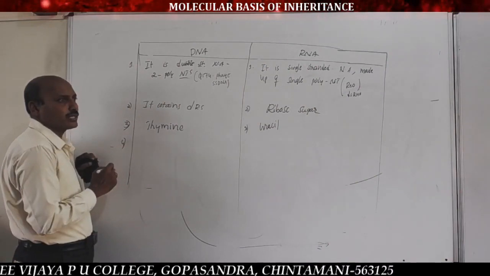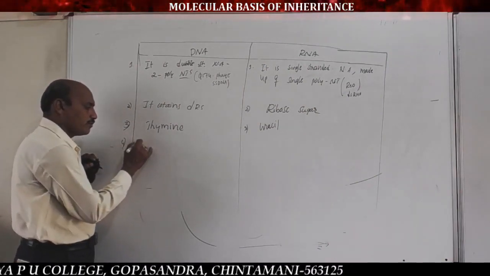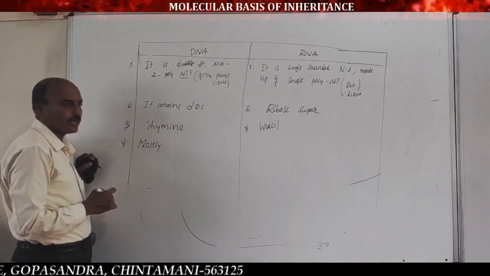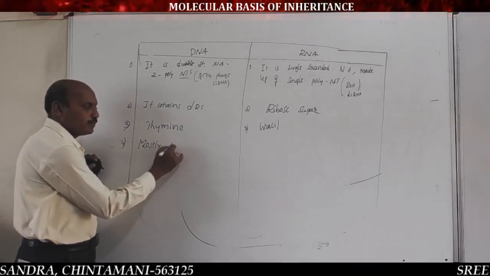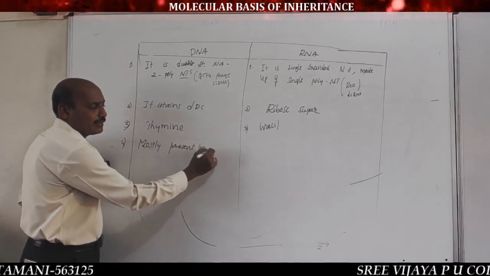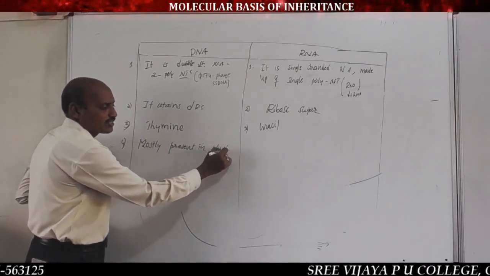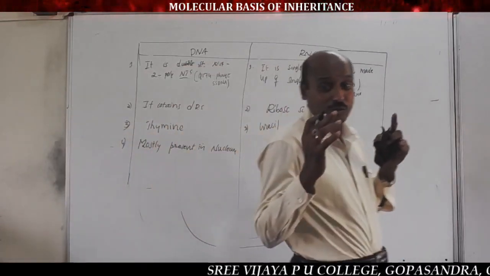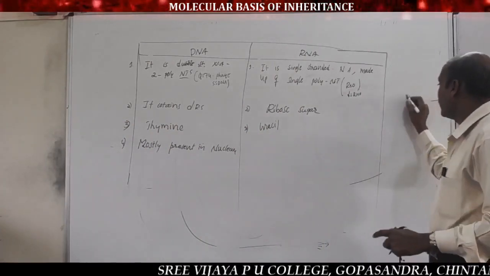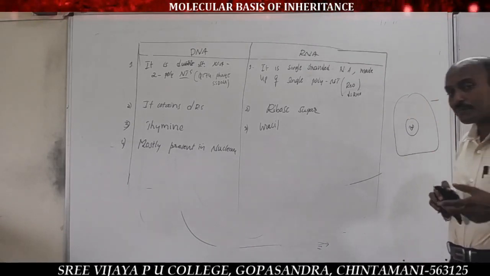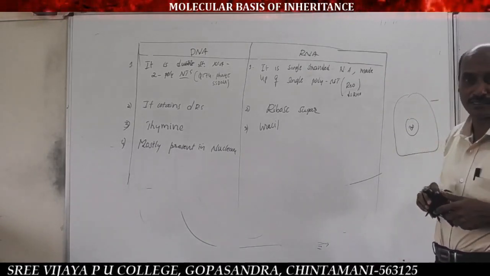And the next difference: DNA is mostly present in the nucleus. Remember this statement. DNA is generally present within the nucleus, except in the mitochondria and chloroplast cell organelles.